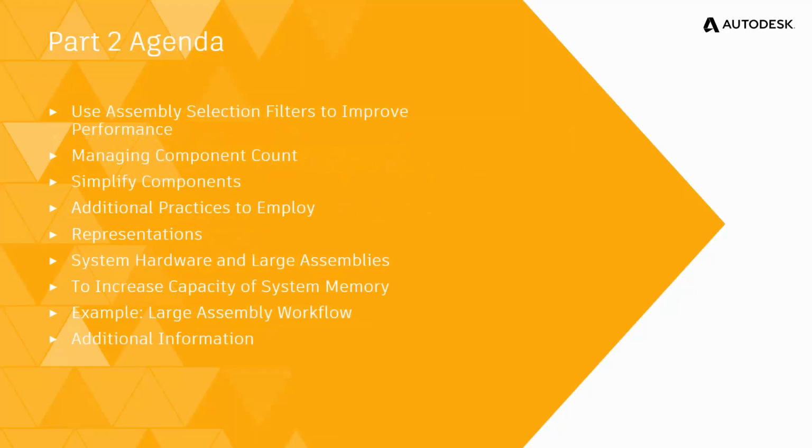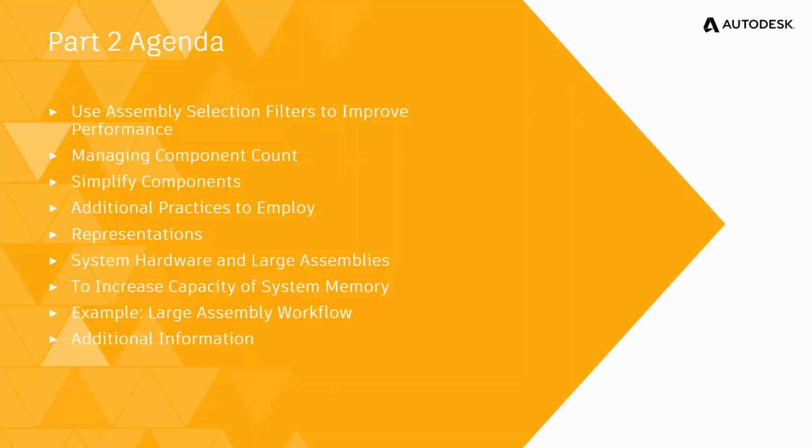Part two, which is held in a couple of weeks' time, will cover content around using selection filters inside your assemblies, how you can manage component count, how you can simplify your components, additional practices that you can employ, and representations. We'll also cover system hardware and how that impacts your large assemblies, how you can increase your system memory and your capacity for working with large assemblies.